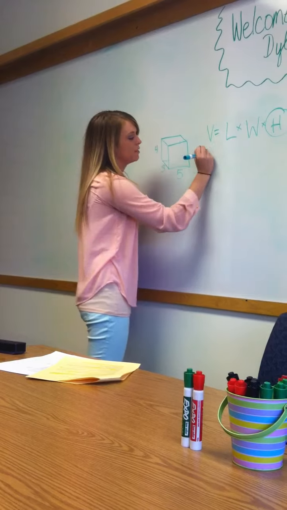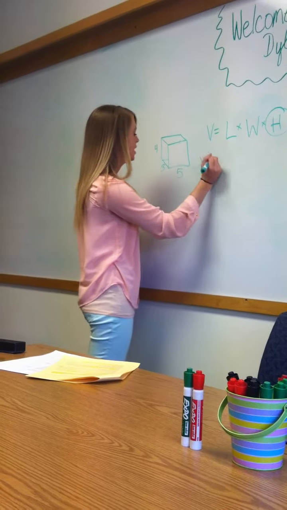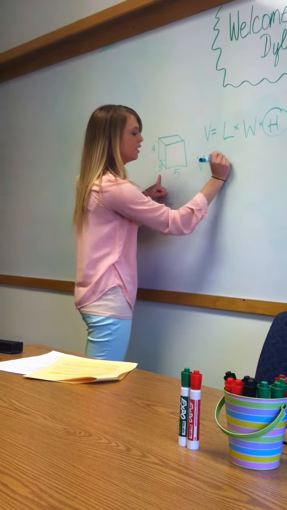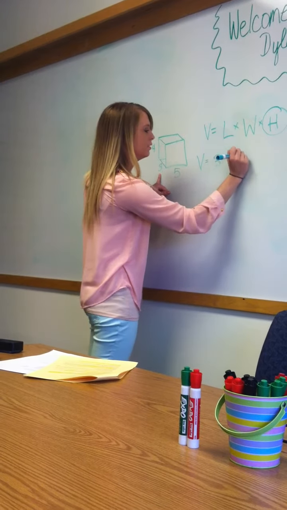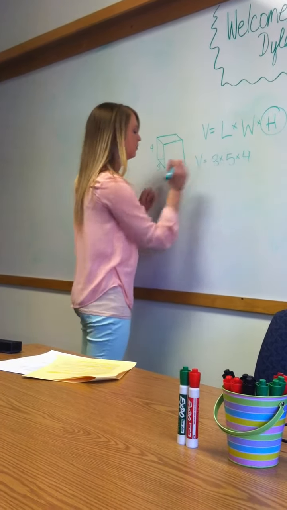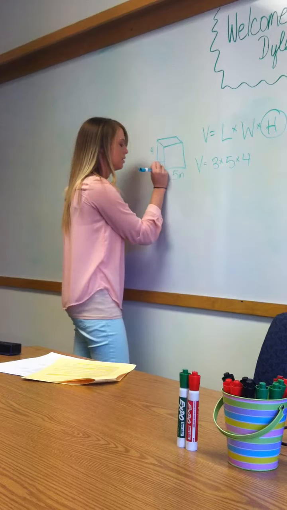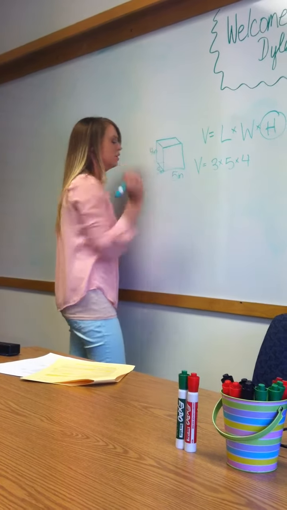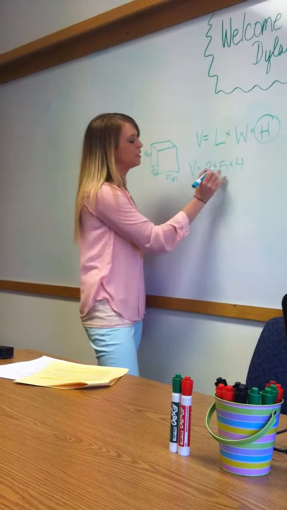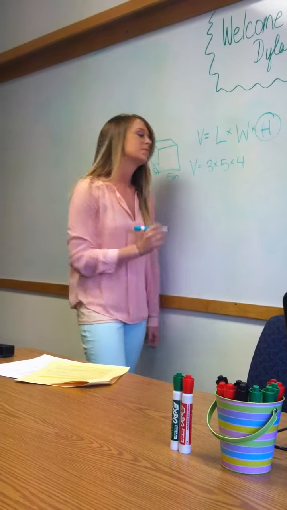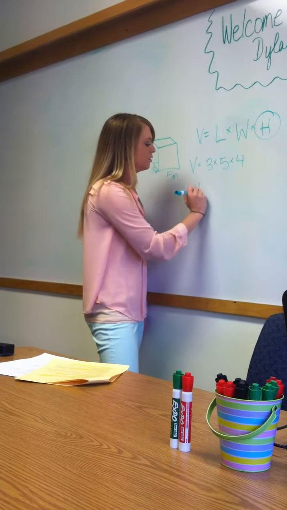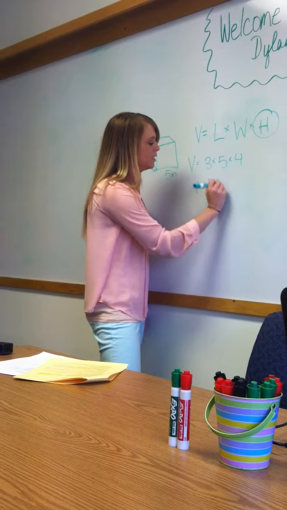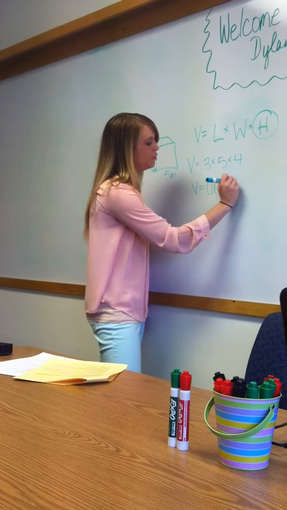So to solve this, we're going to take the volume is equal to 3 times 5 times 4, and we'll make sure to include those units. And so then we take 3 times 5, which is 15, times 4 is equal to 60. So the volume is going to be equal to 60 inches cubed.